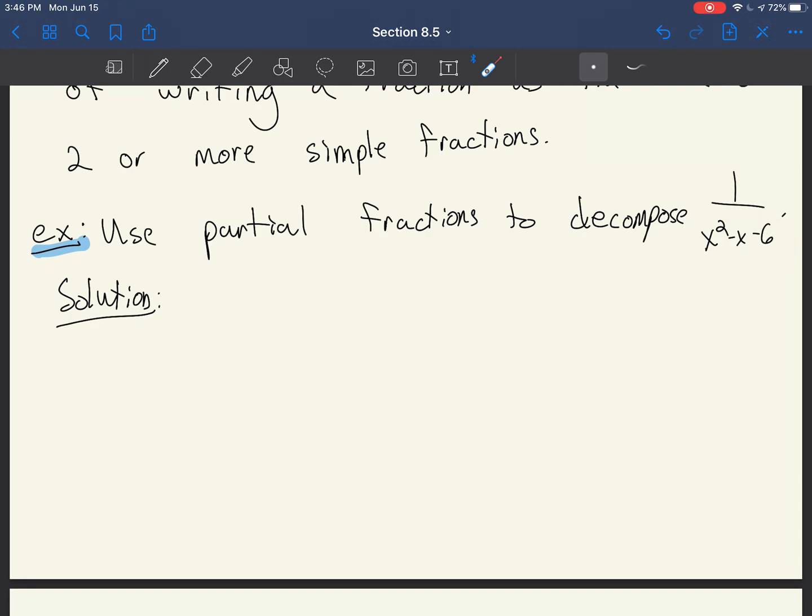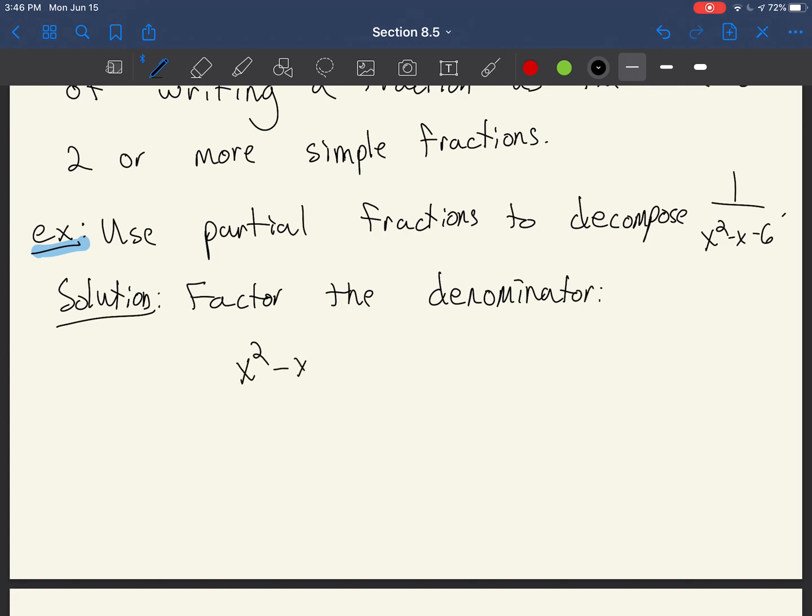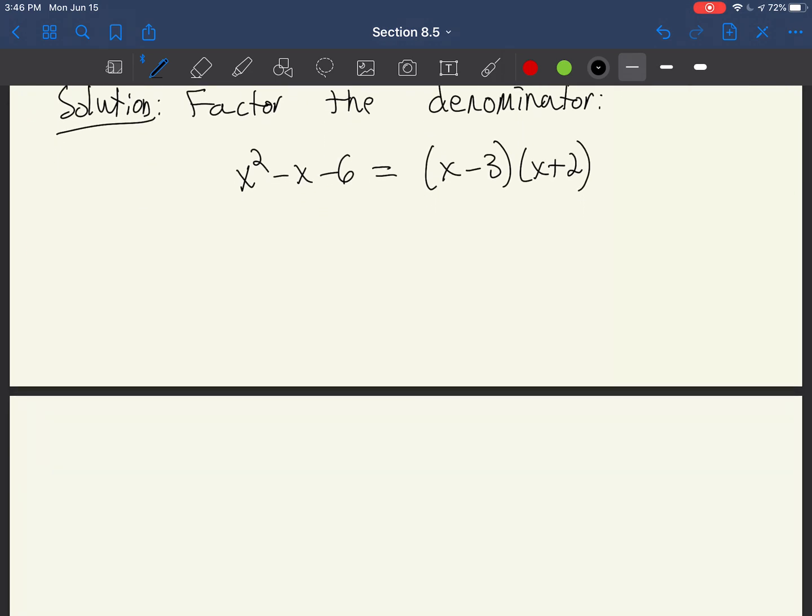So in order to use partial fraction decomposition, the denominator has to factor in some way. So we try to factor the denominator, x squared minus x minus 6. Factoring that is x minus 3, x plus 2. It factors.